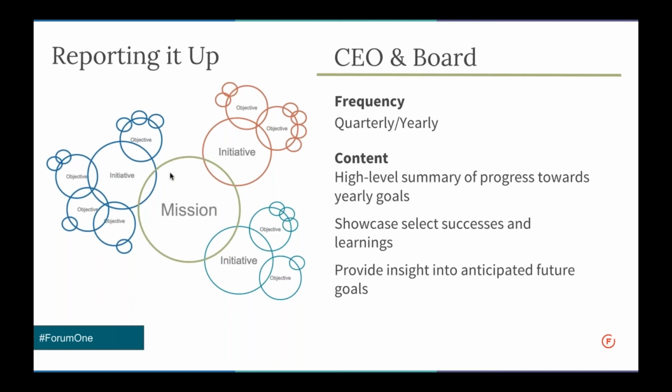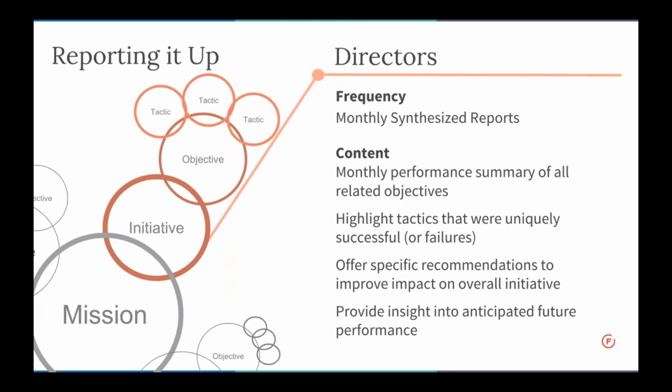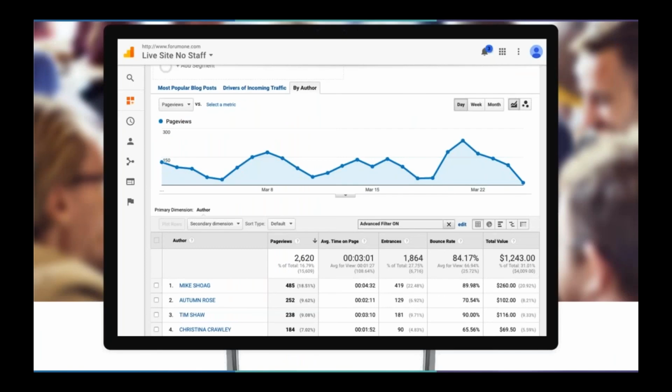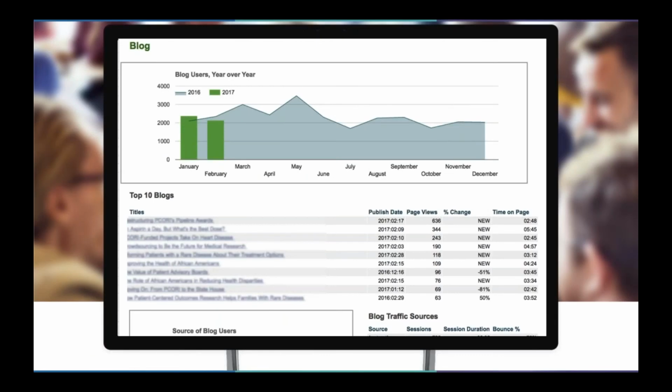One of them is custom dimensions. I showed you earlier an example where we're collecting author. That's done via a custom dimension, so when a page is shown, I'm able to see it's related to Mike Shoag or Autumn Rose, and show that within Google itself, which is super powerful. Other things we tend to do is put the publish date on something.